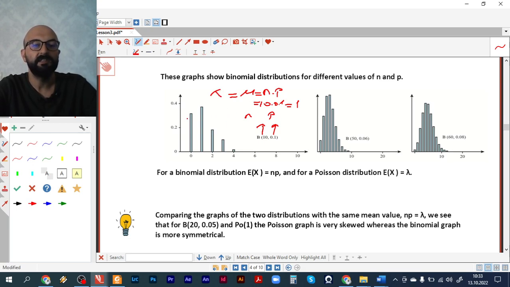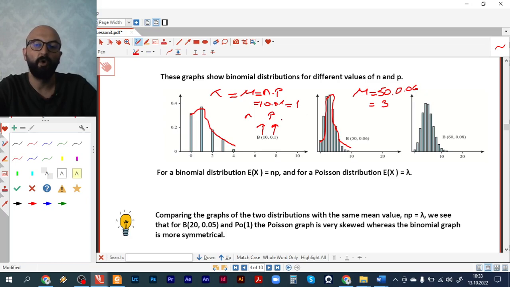In the binomial distribution, your mu is bigger than before, like 50 times 0.06. So it's 3.